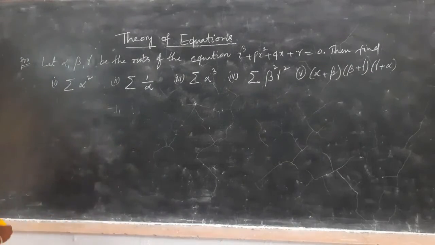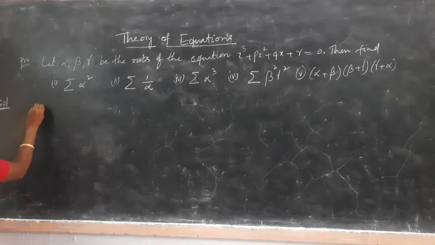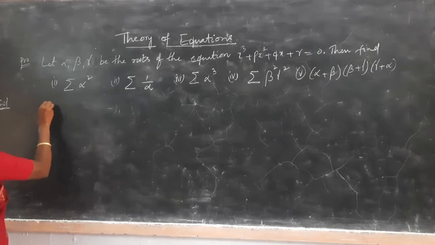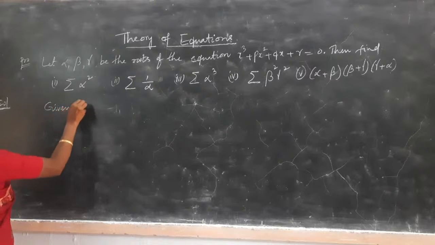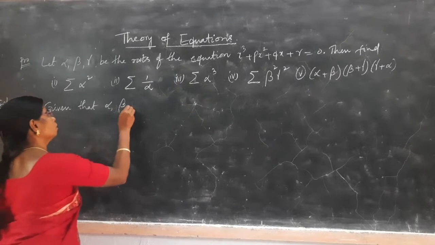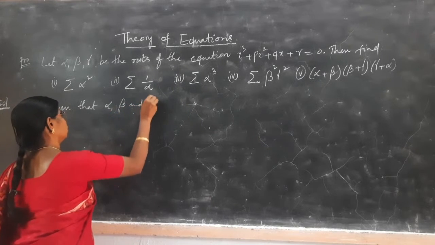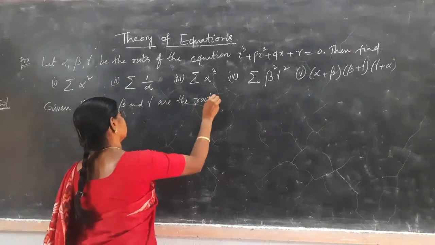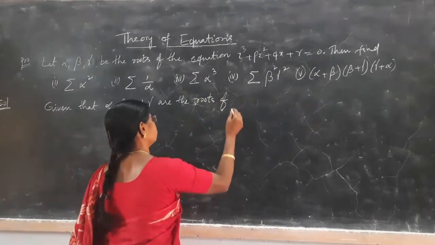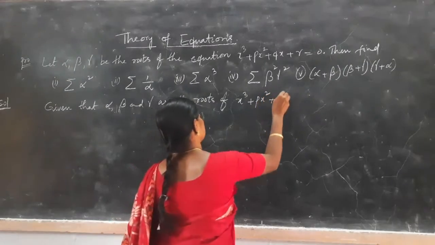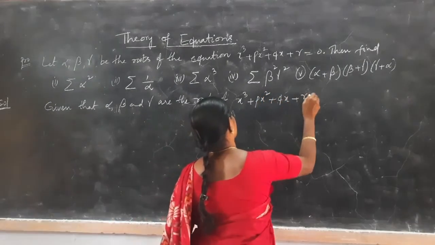So listen to what I am doing here. Solution. Given that alpha, beta and gamma are the roots of x cube plus px square plus qx plus r is equal to 0.